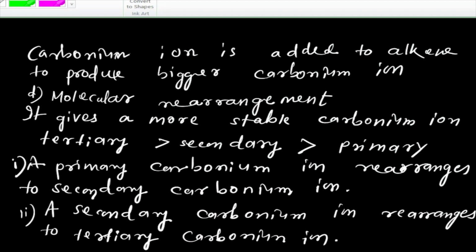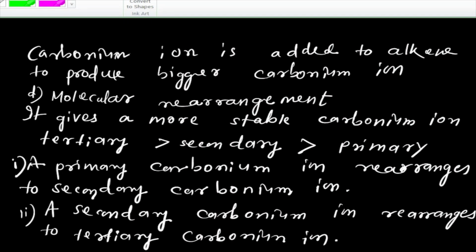What does stable mean? Tertiary is more stable than secondary, and secondary is more stable than primary. That means if a secondary is there, it tries to give tertiary. If a primary is there, it tries to give secondary. So if it changes from primary to secondary or tertiary, it gives a more stable carbonium ion.